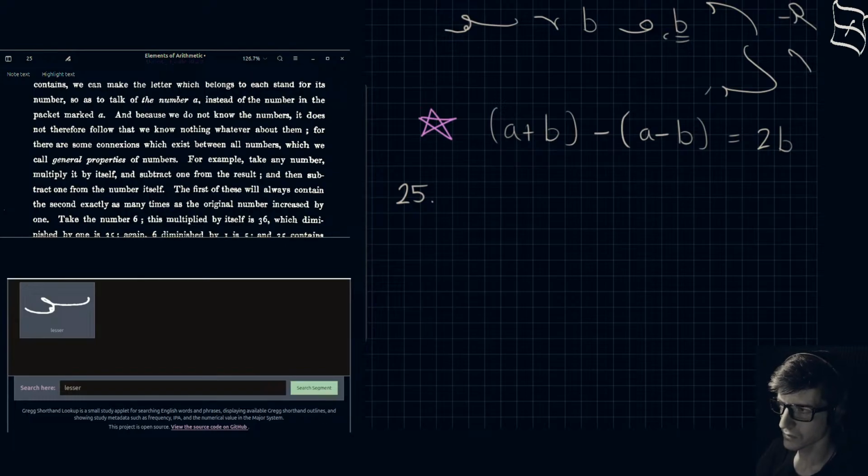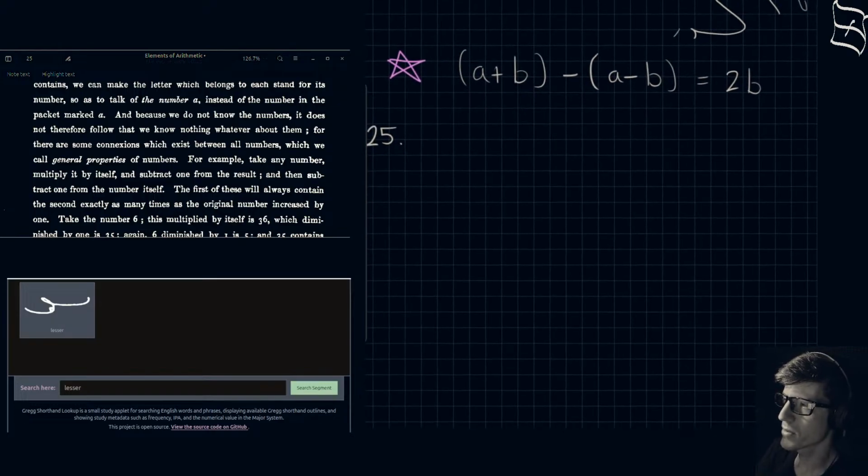Okay? So, what we're going to do in 25 is perform the same operation that we did in 24, and that is we are going to speak of the qualities, or the fact that we can look at general properties of numbers.